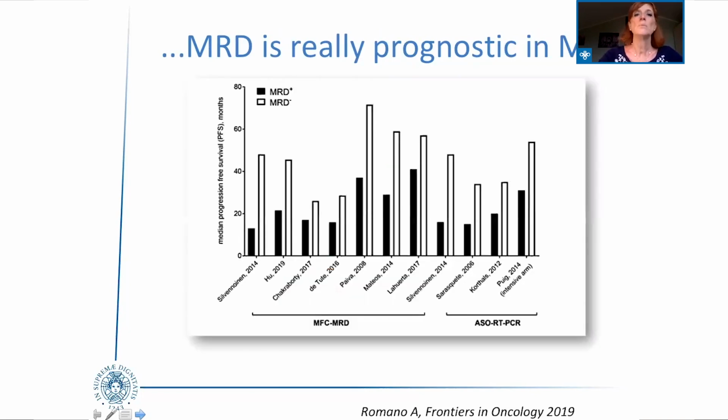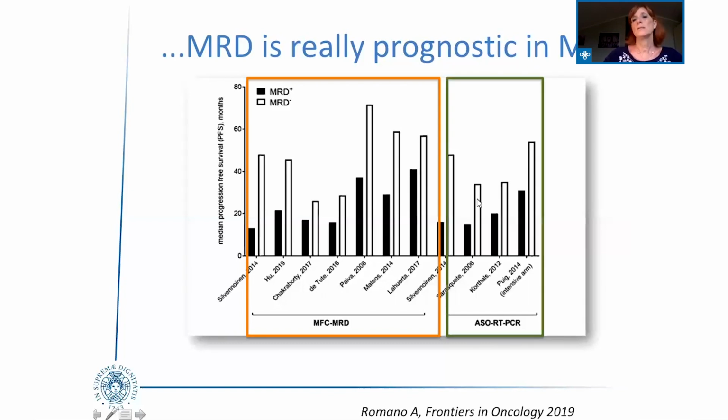You can see here multiple myeloma, different studies, different years, different technologies, but the same results: the progression-free survival of MRD negative patients is better than that of MRD positive cases, either when you use flow cytometry or molecular biology, in this case, ASO-PCR.